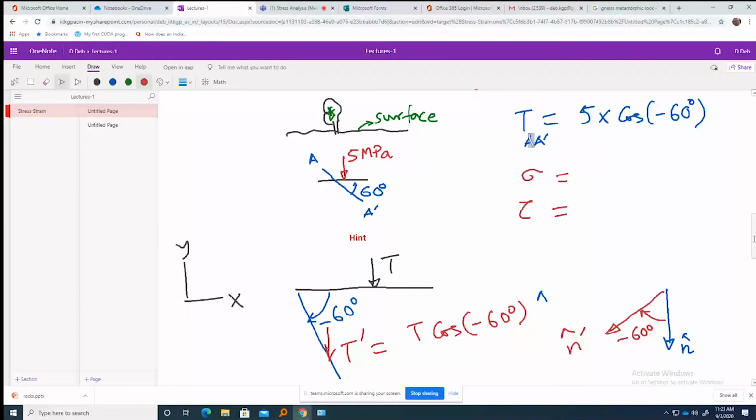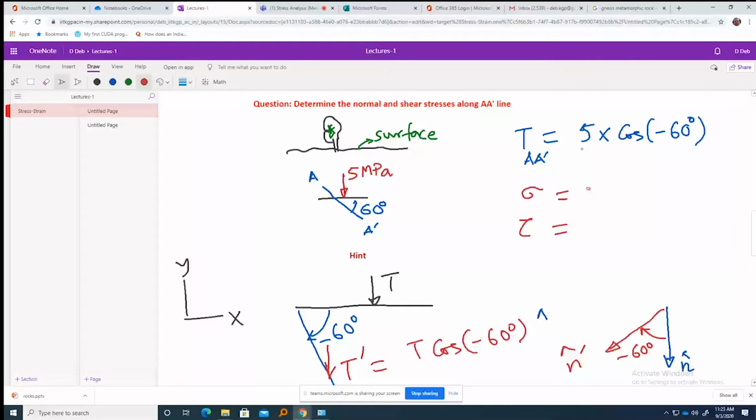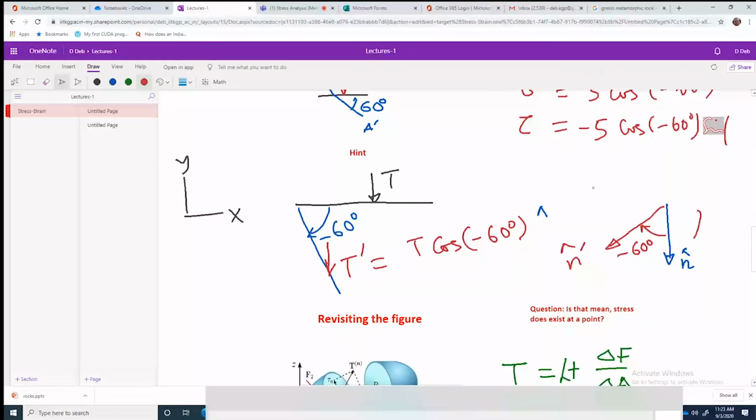Oh, sorry. Still not so good with this. Wait. So this one will be 5 cos square minus 60 degree, and this one will be minus 5 cos minus 60 and sine minus 60. Okay.